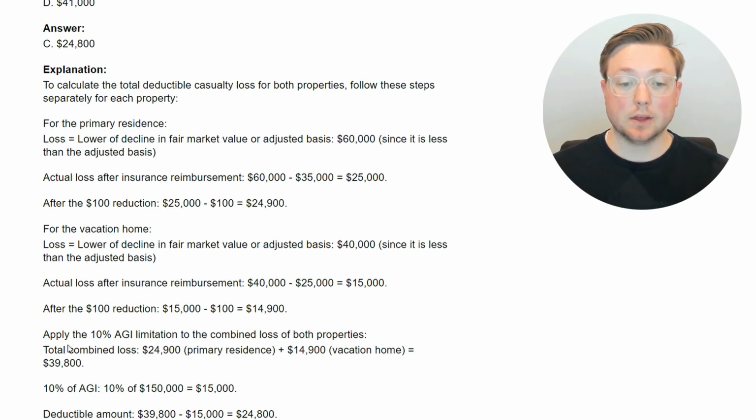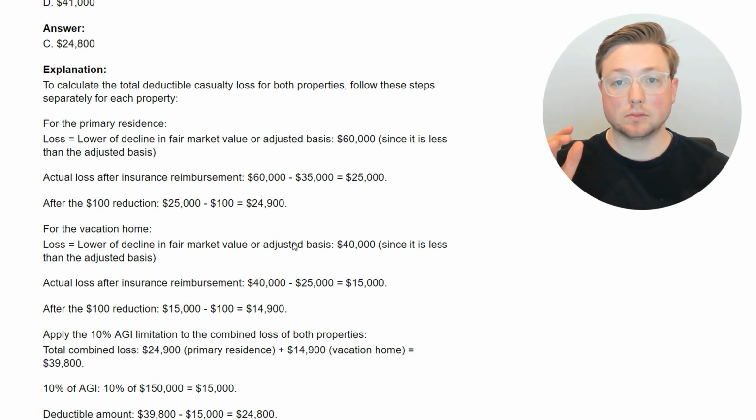So now you apply the 10% AGI limitation to the combined loss, and so you would subtract $15,000 from the total $39,800, and that gives you $24,800 of casualty loss that can be used as an itemized deduction. So again, a little bit more involved, but once you understand the process, it's not too difficult.